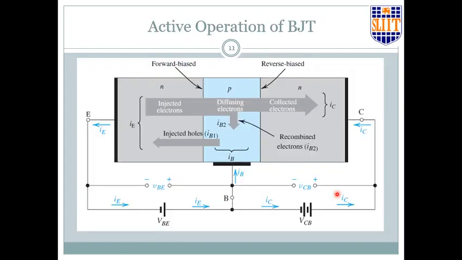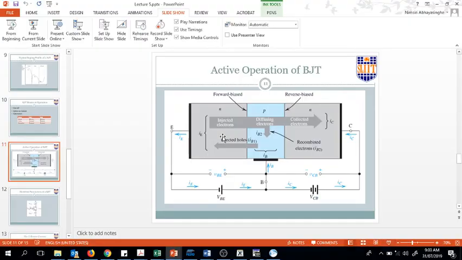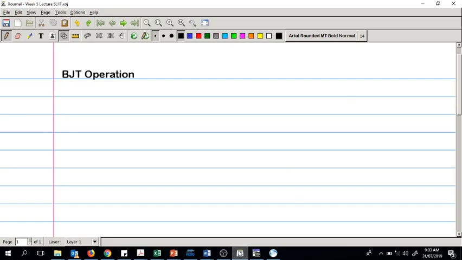Now let's take this out. Here again you don't see the volumetric difference, that this is a thin layer and so on. So I am going to go out of this and let's draw the BJT in a different way.